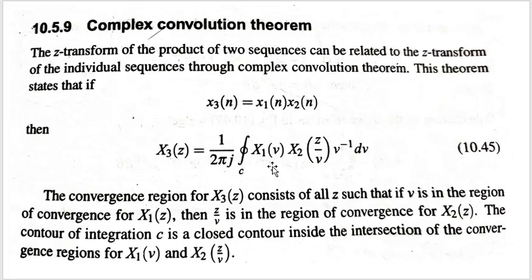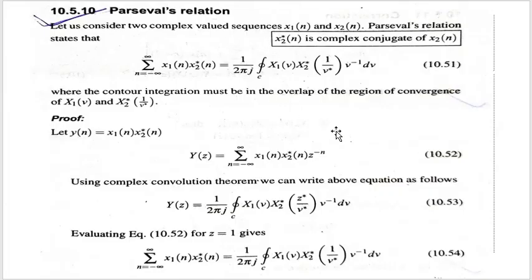So using this theorem, Parseval's relation can be proved. The contour integration must be in the overlap of the region of convergence of X1 of v and X2 conjugate of 1 by v conjugate. Okay, so please understand this. How will we prove that?